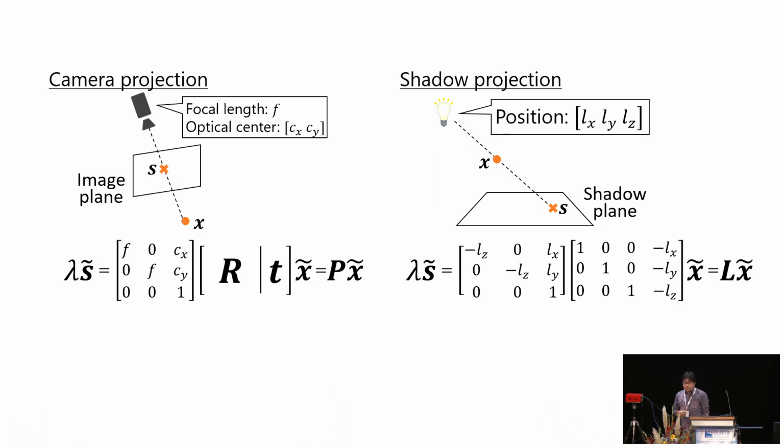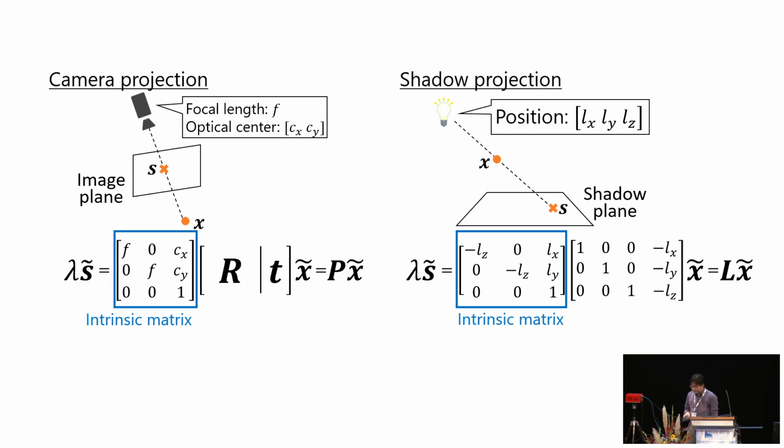3D to 2D projection can be formulated by using projection matrices. This is called intrinsics, as you all know, and they contain the focal length and the camera's optical center. For shadow projection, the intrinsics contain the coordinate of the light source position. This is called extrinsics. In camera projection, they represent the pose of the camera.